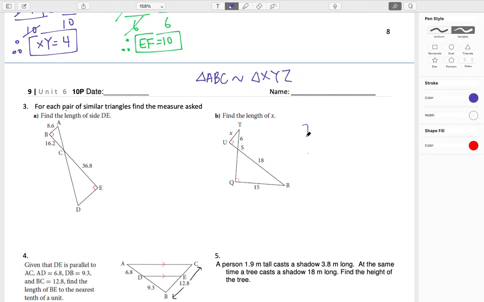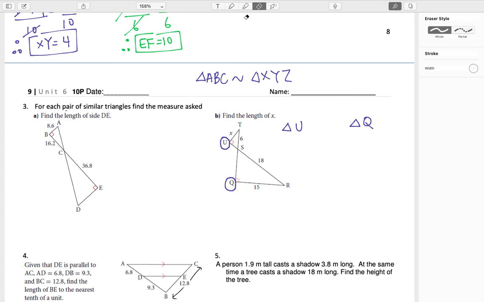So it is your responsibility to state that statement. So let's start with the small triangle. I see a small triangle over here and a big triangle here. So it looks like U is the same angle, 90 degrees, as Q. So we could say the angle U is the same as angle Q.